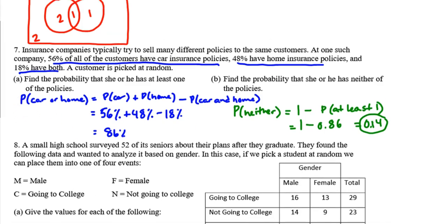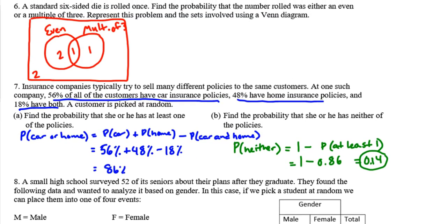I want to show you a technique here that I think is really powerful for visualizing it, because some of you are like, oh, I don't know if I'm going to remember that formula. Check this out. I think it's very powerful. We're going to make a table that we call a hypothetical 1000 table. It might sound complicated.